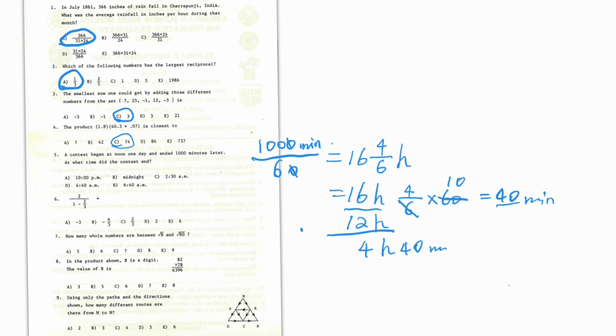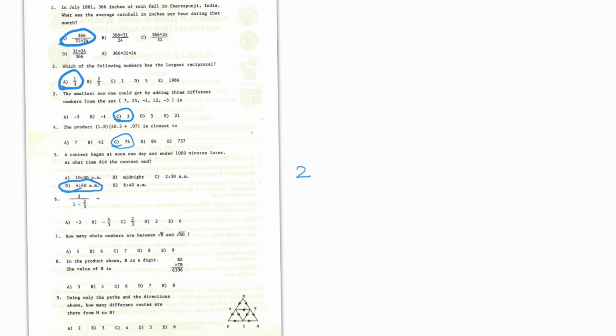That means the time is 4:40 a.m. That's the answer D. Number 6, 2 over 1 minus 2 over 3 equals 2 over 1 over 3, equal to 2 times 3 over 1. That's 6. So the answer is E.